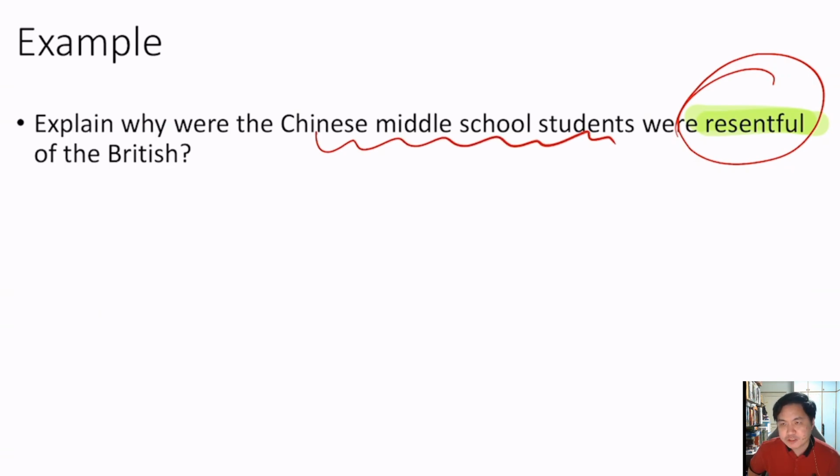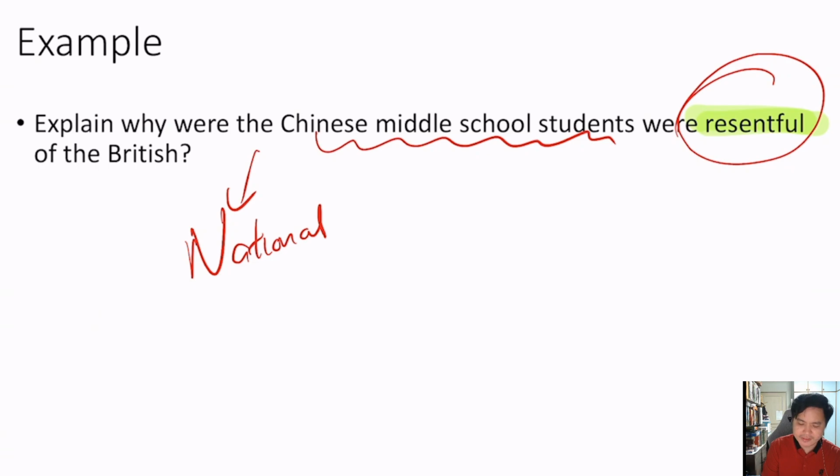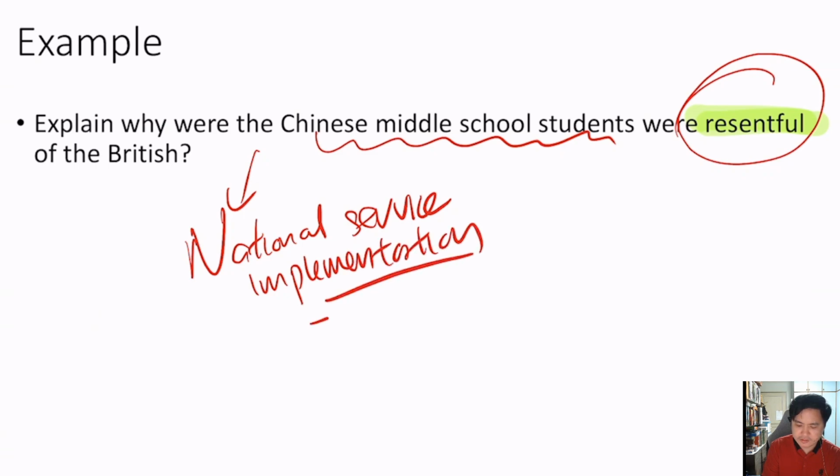There must be a trigger that led to them being resentful of the British. So that trigger will be your main point. In this case, the trigger is going to be the national service implementation. This is your trigger.